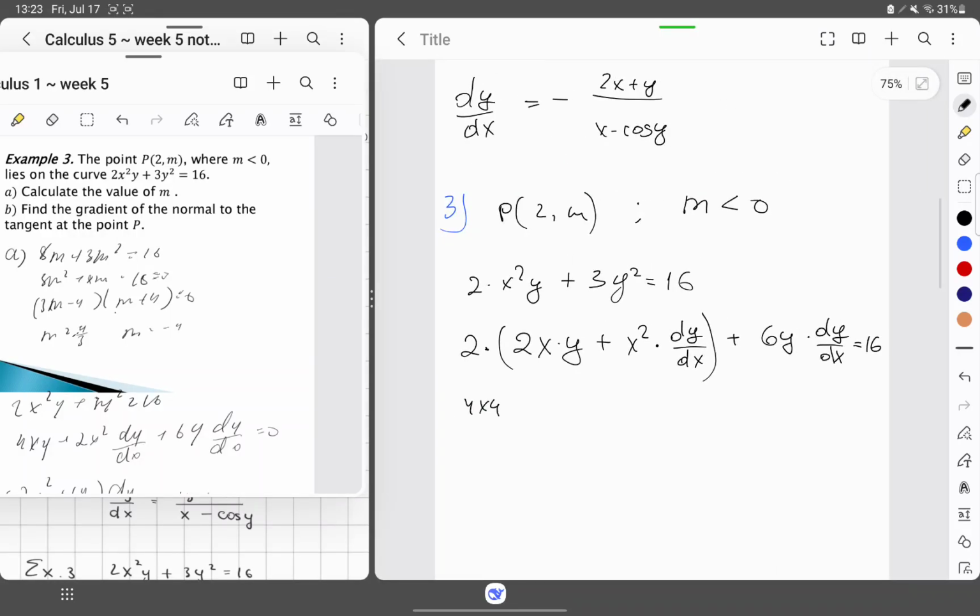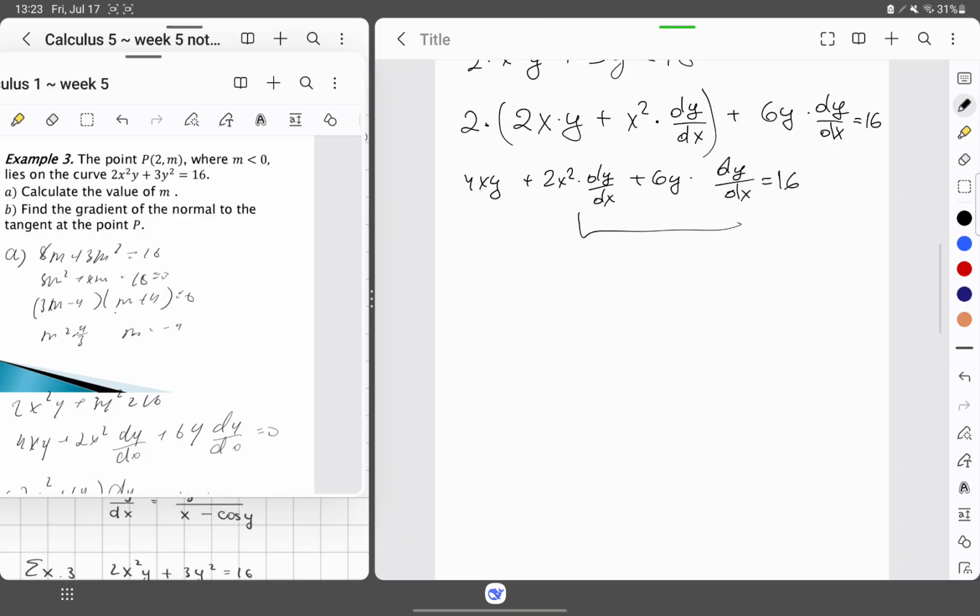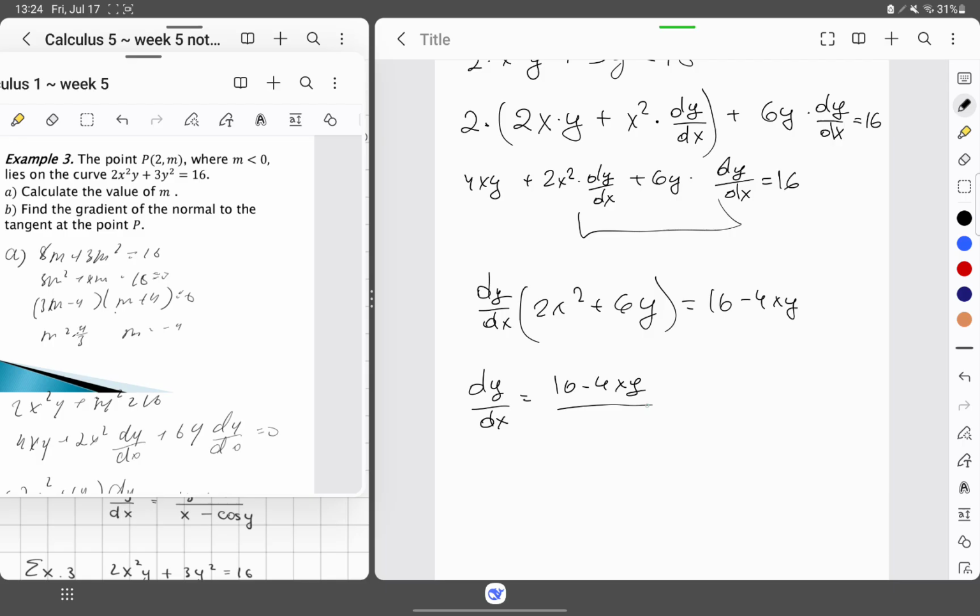So 4xy plus 2x squared times dy over dx plus 6y times dy over dx will be 16, and I'm doing the same thing, I know that, but anyways, 2x squared plus 6y, 16 minus 4xy, dy over dx will be 16 minus 4xy over 2x squared plus 6y.